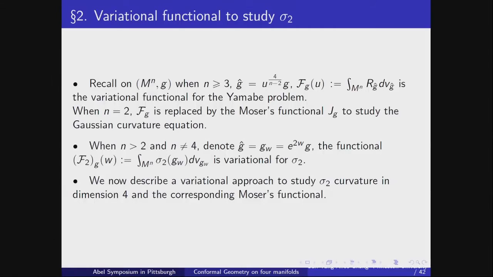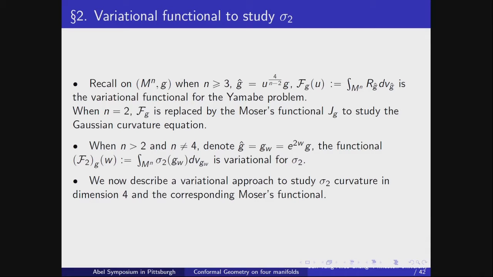And it turns out when n is bigger than 2 and n is not equal to 4, if we are going to study this functional sigma 2 to boil it down to a constant metric, the variational functional is just the integration of sigma 2. But when n equals 4, this functional does not work because it's invariant.